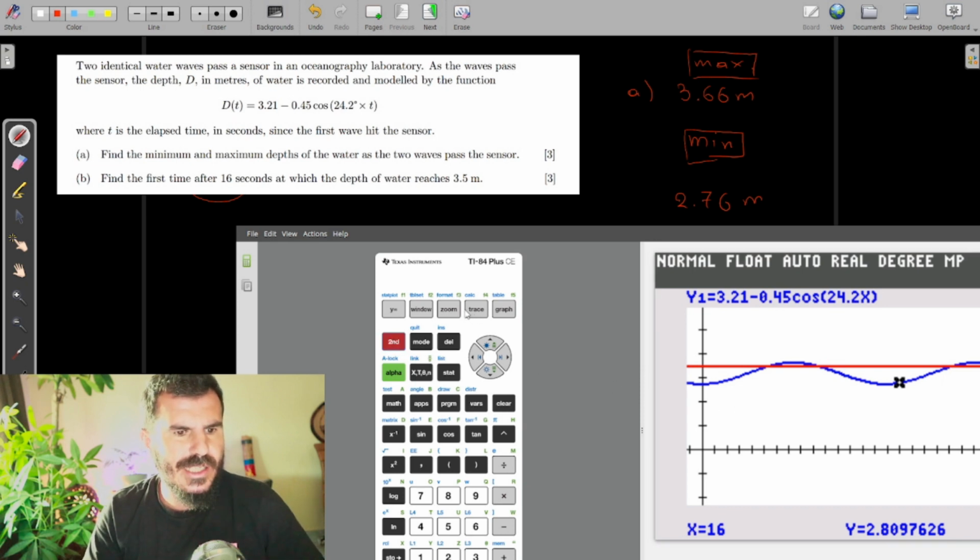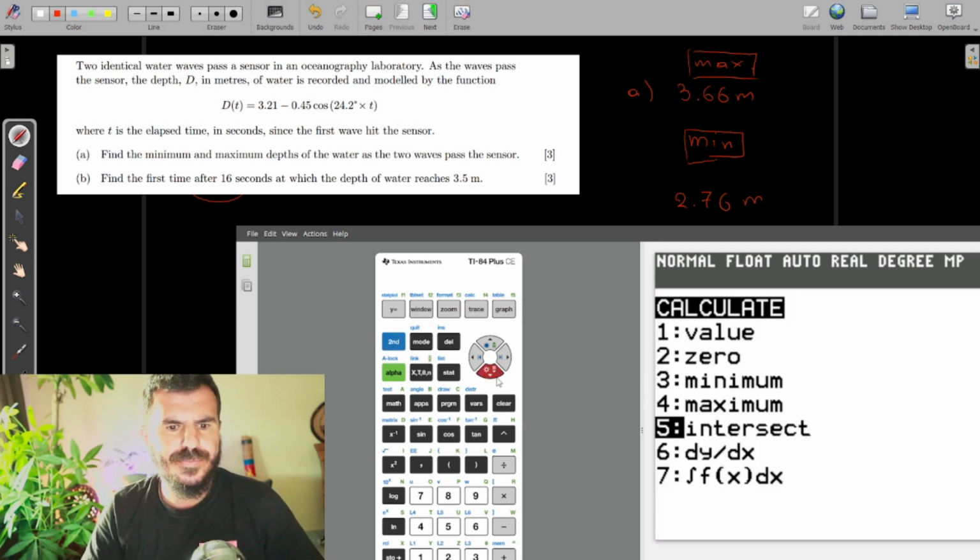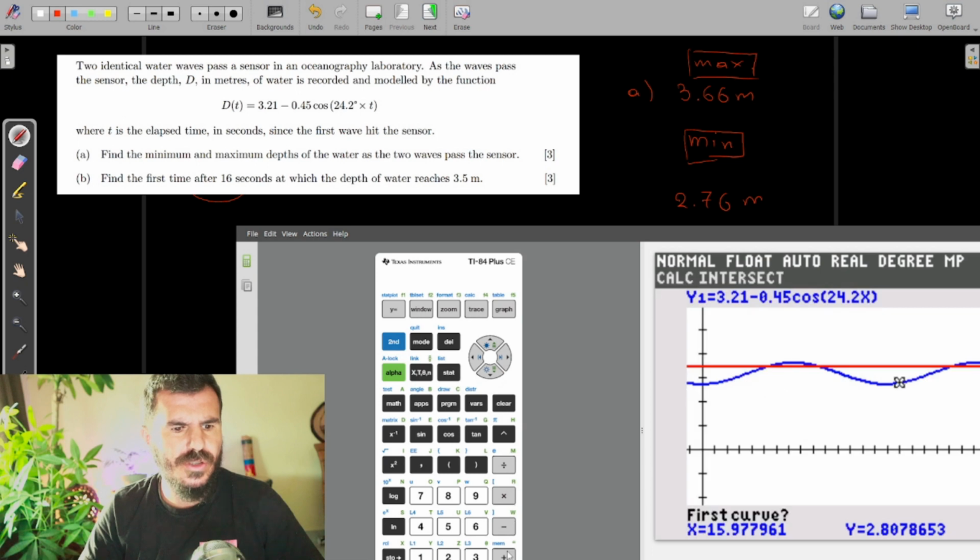So basically, second trace, intersection. The first curve is that. The second is that. Make a guess. Let me go close to my point. There.